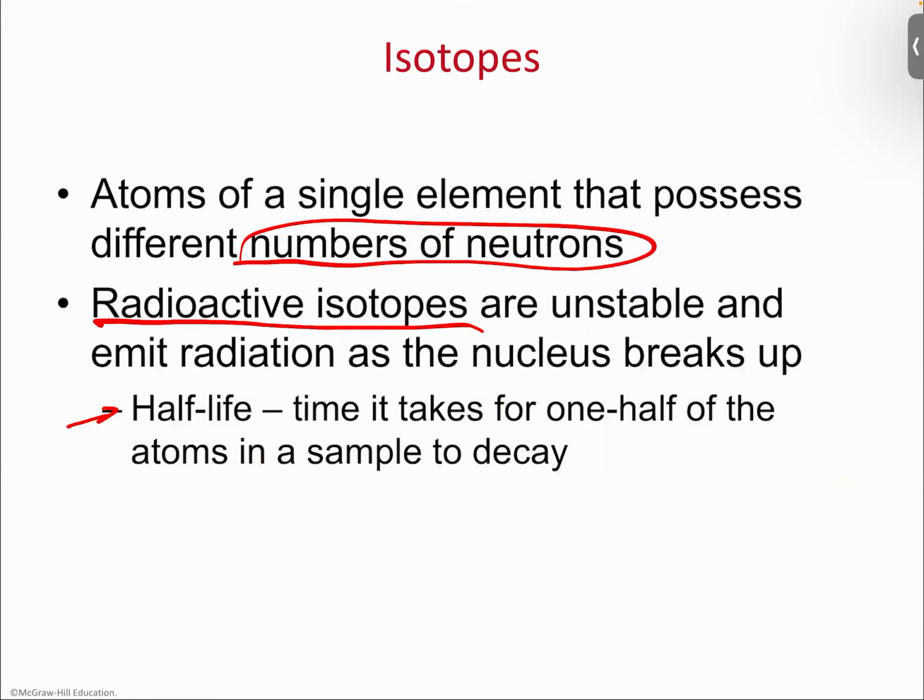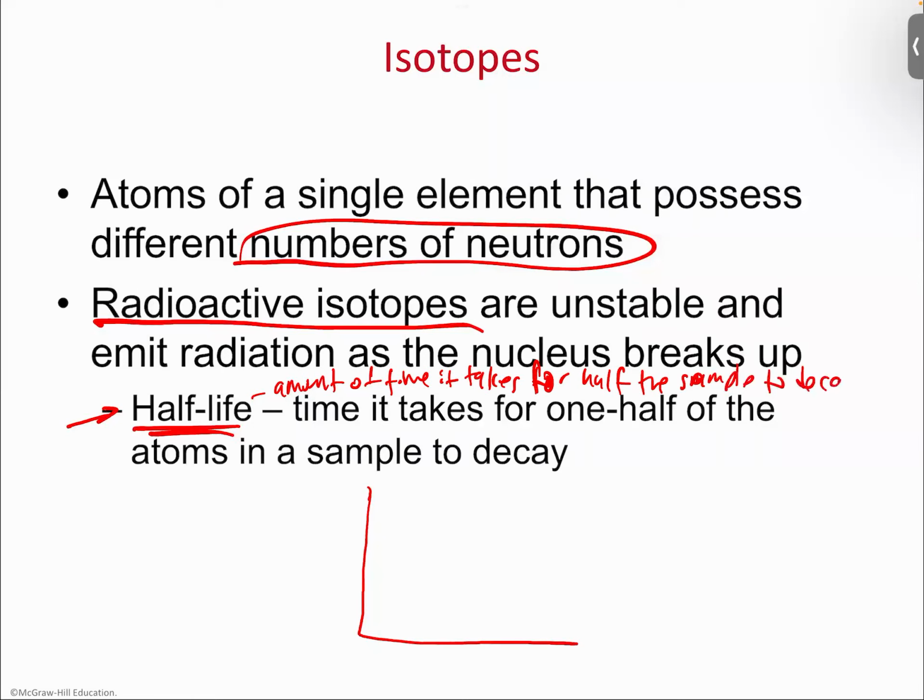That brings us to this concept of half-life. When you're looking at isotopes, and especially dating, one of the things you need to be aware of is half-life. The half-life is defined as the amount of time it takes for half the sample to decay.